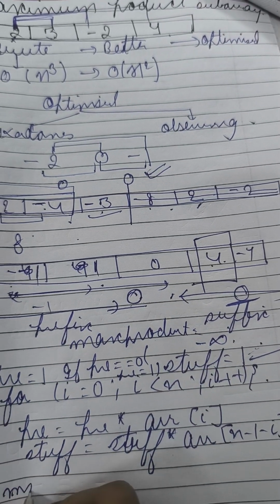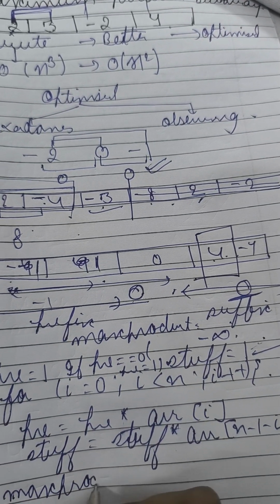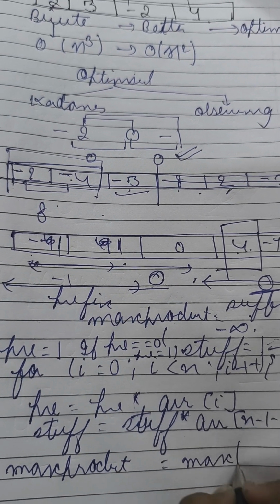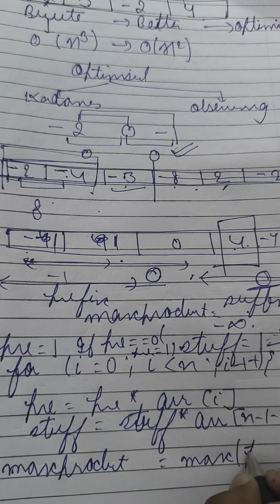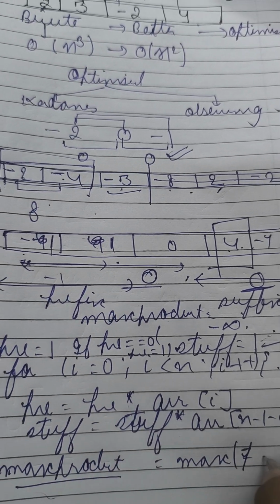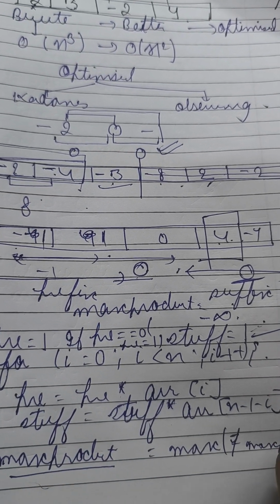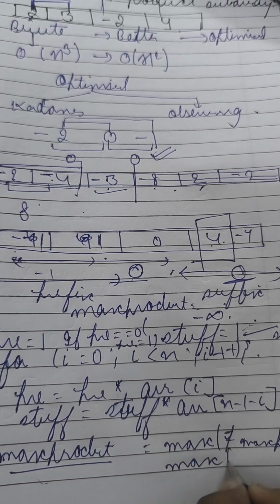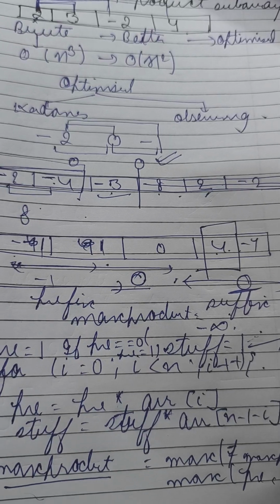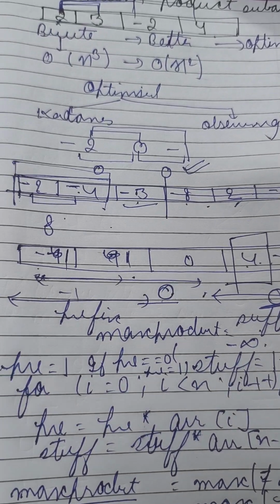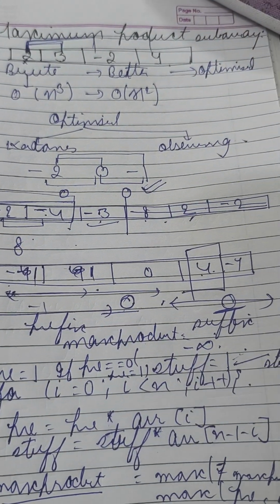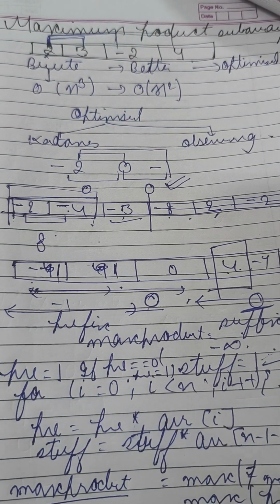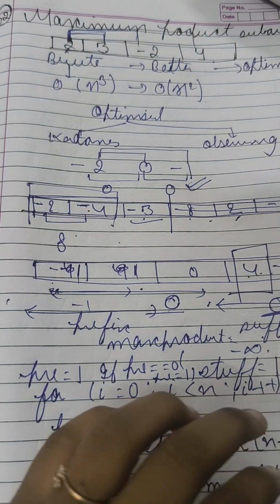Now max product is going to be the max of max product, comma, max of prefix and suffix. I know this whole thing would be looking very complicated to you, I could understand, but when we dry run, everything is going to become clear to you.